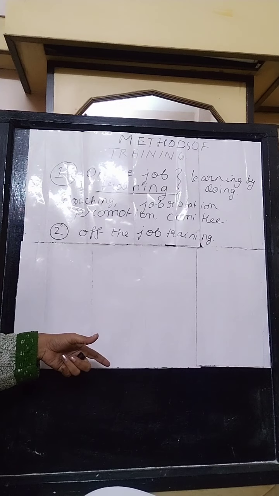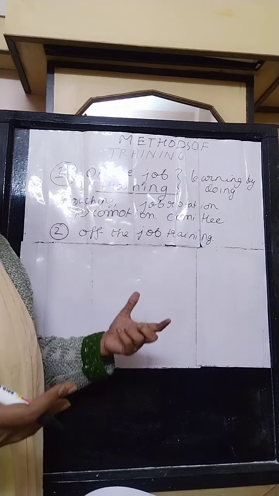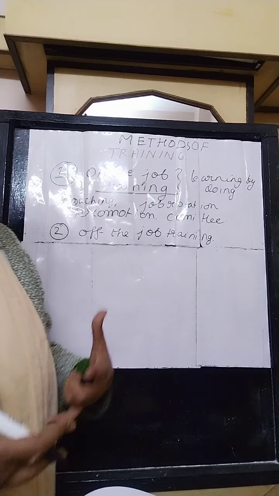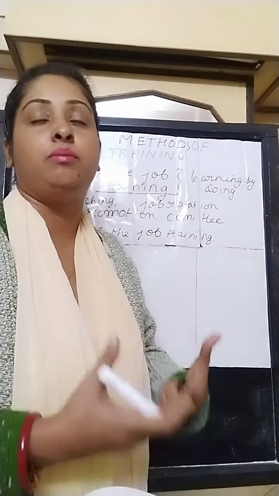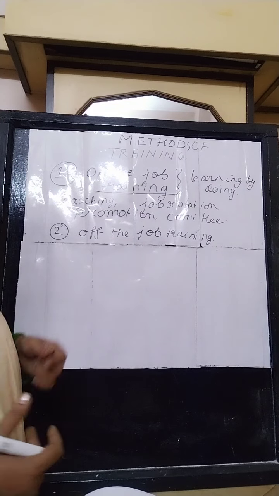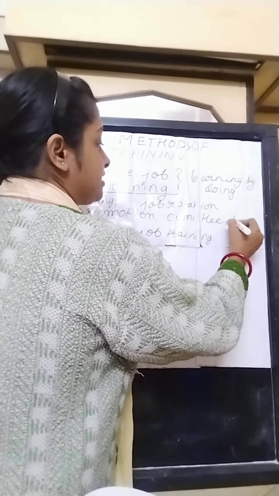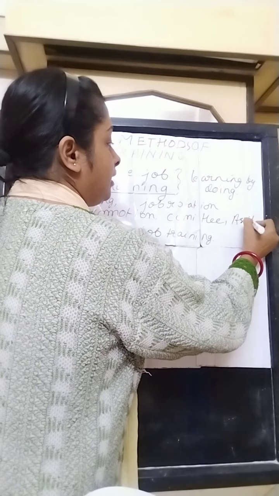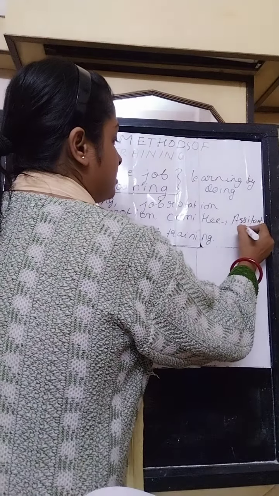Managers from various functional areas of a committee come to train the existing employees in different methods. Next is assistant to the position. Being an assistant of a particular senior, of a particular manager, one can learn the job training. This is on the job training.